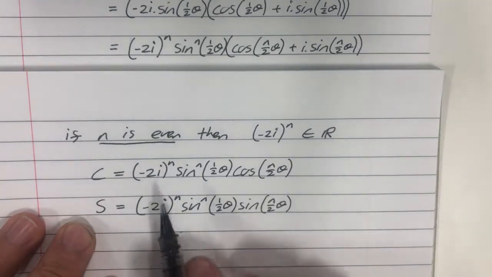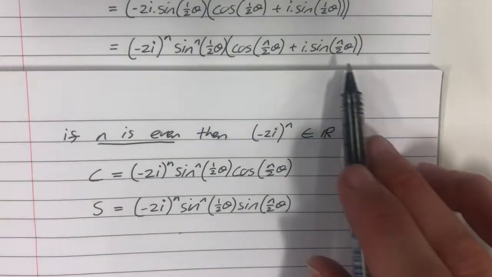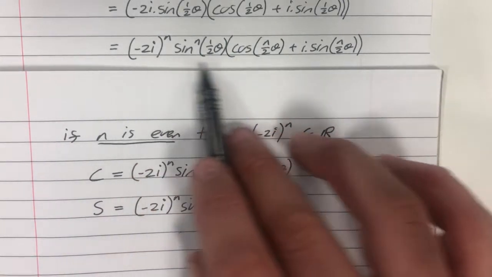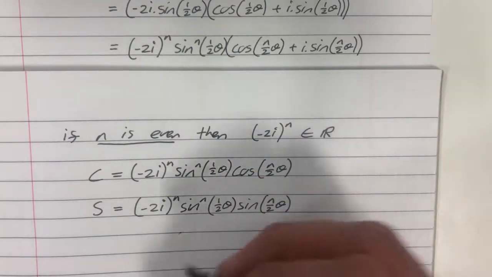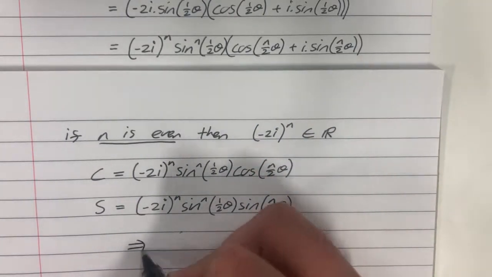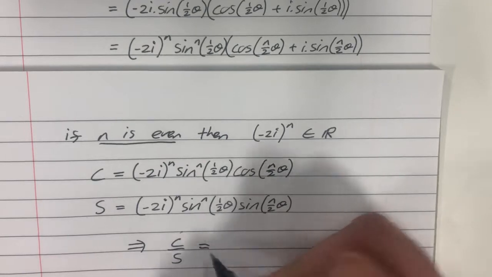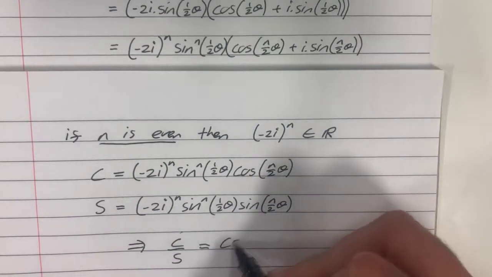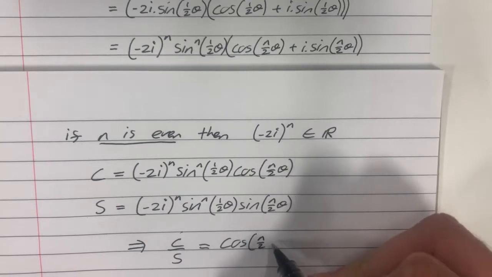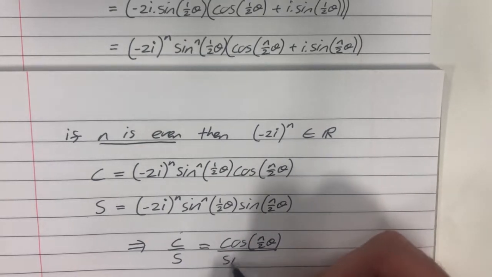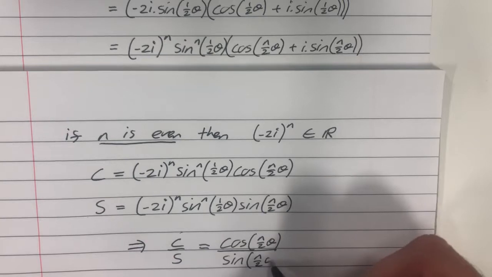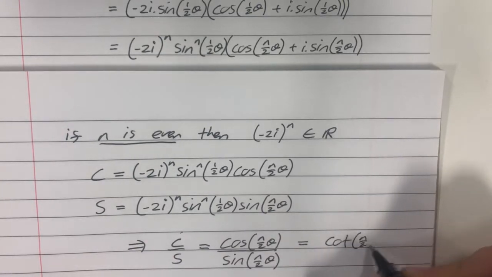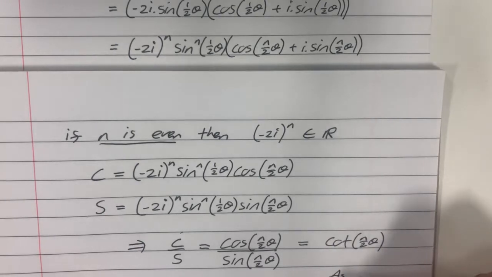And that's because this is real. This is then the coefficient of i, and this is the coefficient of not i. So we have enough information now to calculate C on S. And C on S, that's going to cancel, that's going to cancel. We're left with cos of n on 2 theta divided by sine of n on 2 theta, and that is cot of n on 2 theta as required.